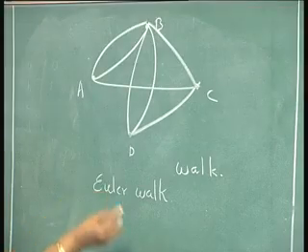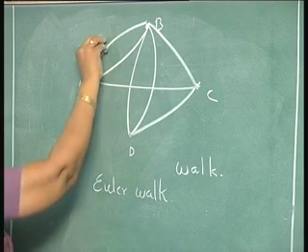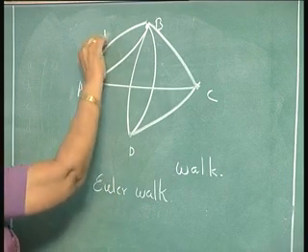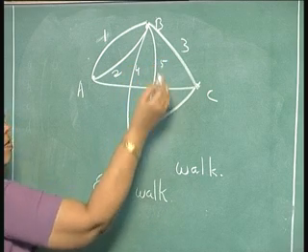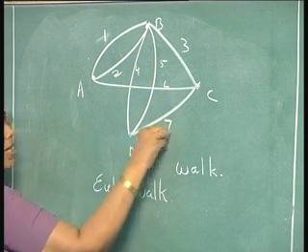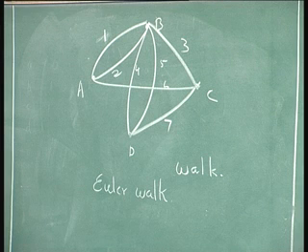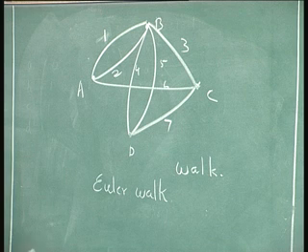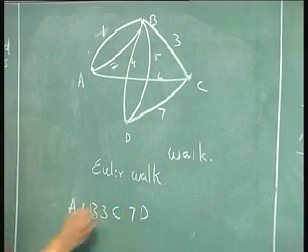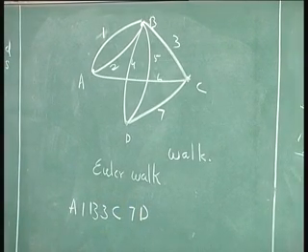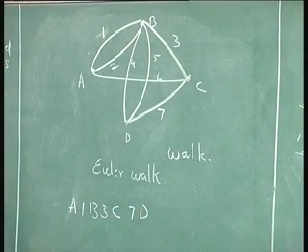For example, the bridges can be numbered from 1 to 7. Then a walk is like this: A, 1, B, 3, C, 7, D represents a walk. That is, we can start from A and reach D by going through 1, 3 and 7.